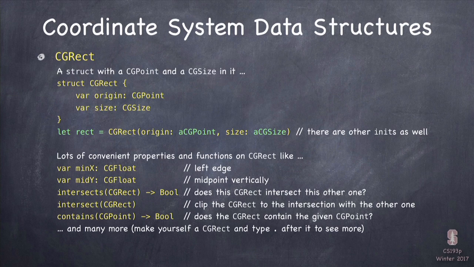And there's even contains, whether a point is inside the rectangle, etc. So there's quite a few of these. I can't put them all on the slide, so you're going to want to familiarize yourself with CGRect, because it probably has a lot of things in there that you would otherwise be writing your own code to do.